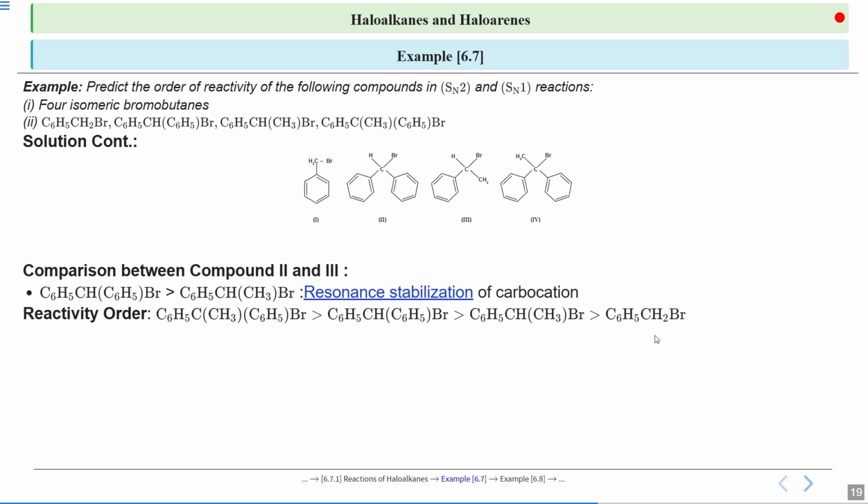Least will be for the primary, that is the first compound. So this is the reactivity order which we have determined after visualizing the four structures of the four compounds given in the second part. This reactivity order is according to the SN1 mechanism.